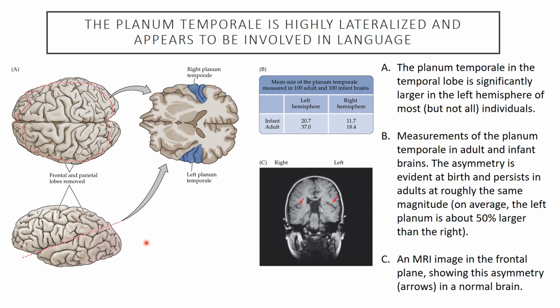Some of this lateralization can be observed even anatomically. There's a portion of the temporal lobe that's larger on the left-hand side than it is on the right-hand side in nearly all individuals, more than 90% of individuals.